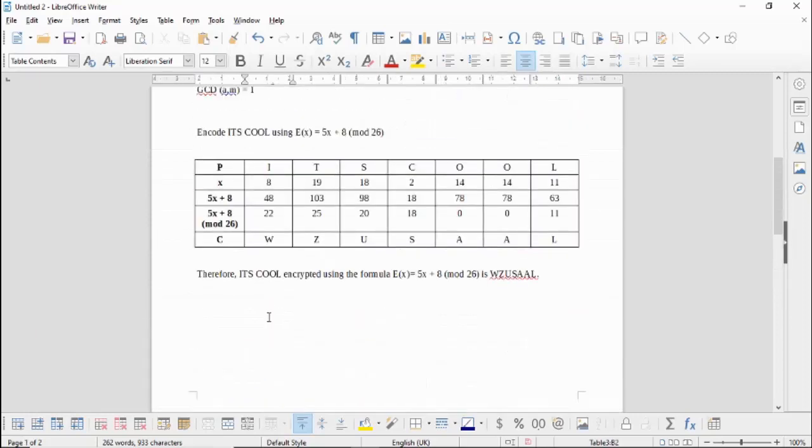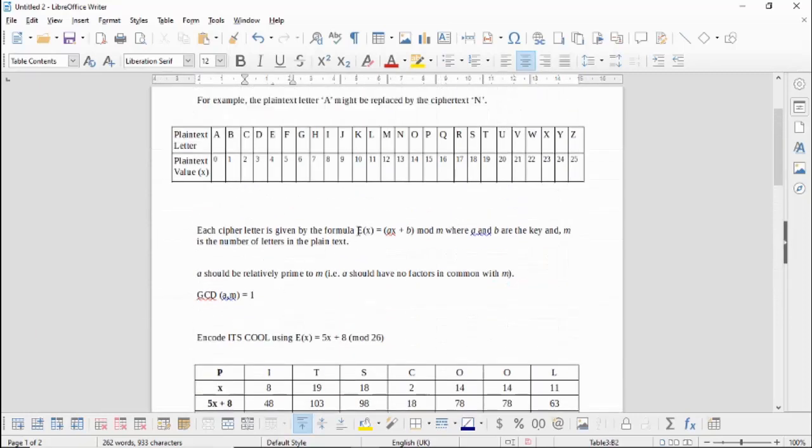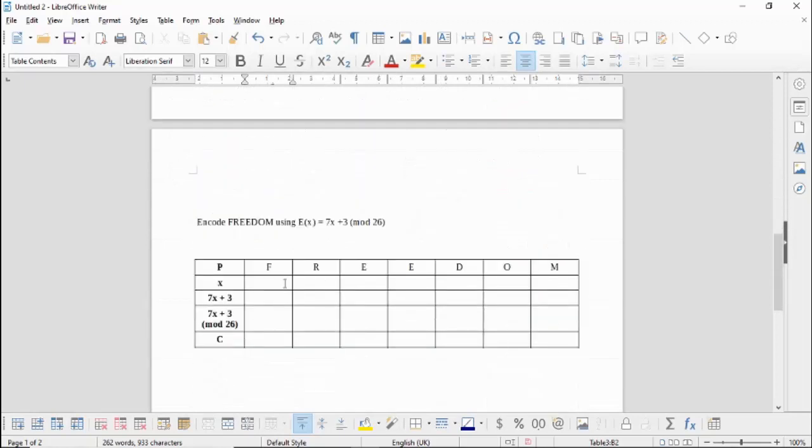So for F, it'll be 5, because it's the 6th letter of the alphabet, minus 1. For R, 17, because it's the 18th letter. For E, it's the 5th letter, minus 1, 4. For E again, 4. For D, it's the 4th letter, minus 1, it'll be 3. For O, it'll be 14, because it's the 15th letter, minus 1. M is the 13th letter, minus 1, it'll be 12.